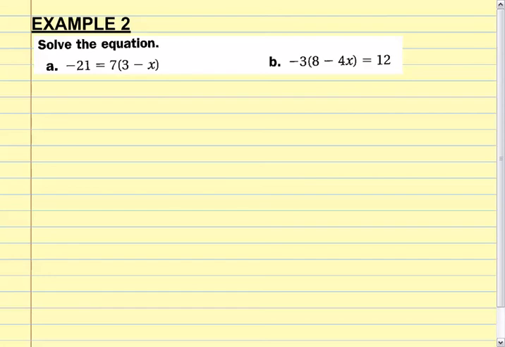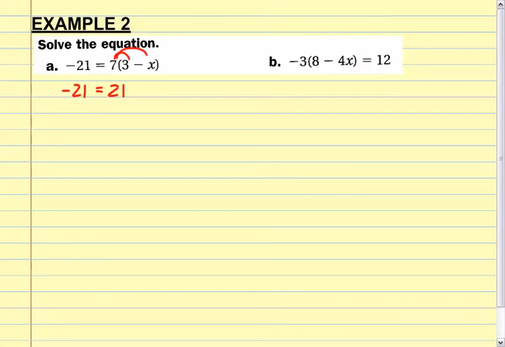You could do distributive property. Absolutely, excellent. So 7 times 3 gives me what? 21. And then what do I do next? 7 times x. It's not x, is it? It's negative x.